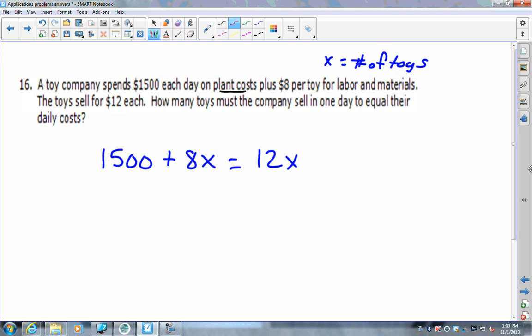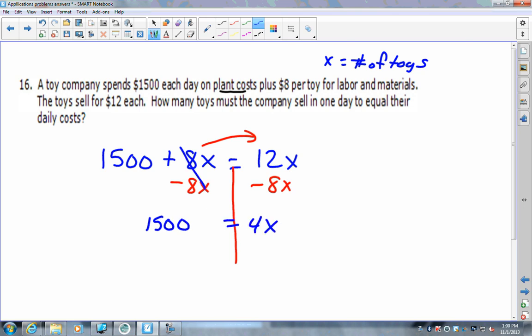So what I'm going to do here, I'm going to move my x's to one side. So I'm going to subtract 8x from each side. I get 1,500 equals 4x. And I'm going to divide by 4. And x equals. Now, when I take 1,500 divided by 4, what do I get?